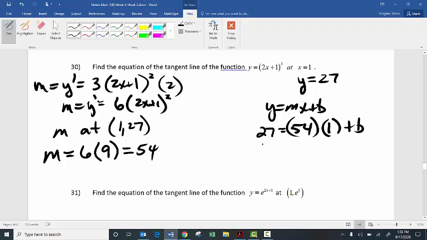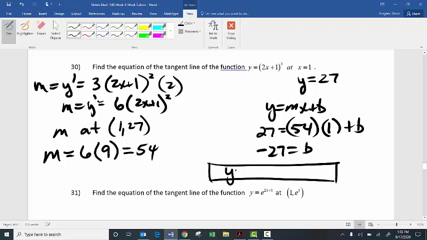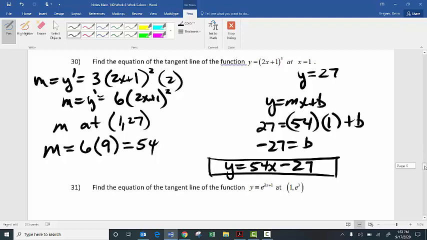So 54, and then you subtract it over. Actually, it comes out to negative 27 as your b. So the equation of the tangent line is kind of strange because the slope is a big number, 54. Put an x by it, and the b is negative 27. So that's the equation of the tangent line of that function at that point. It has a really steep slope at x equals 1.